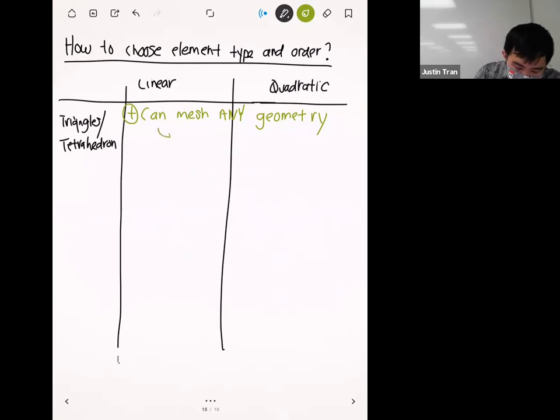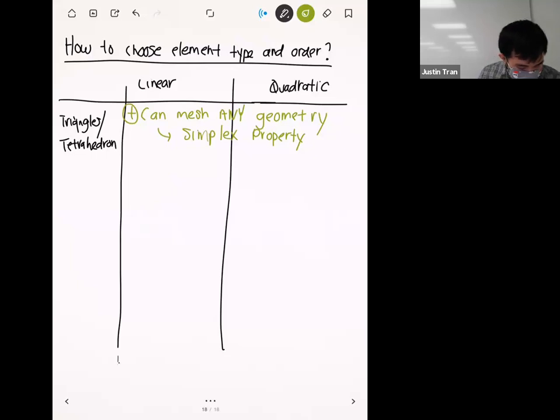And so this property right here, the fact that you can use it to mesh any geometry, is called the simplex property. All that basically means is that triangles and tetrahedrons can form any kind of simplex that can fill any space.